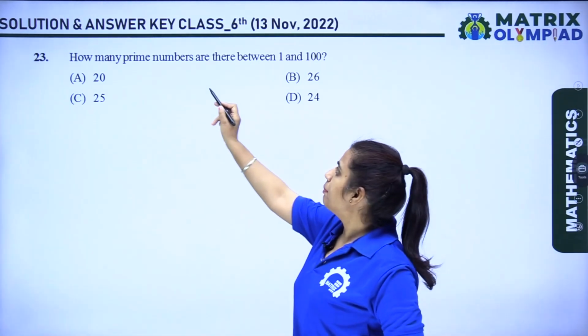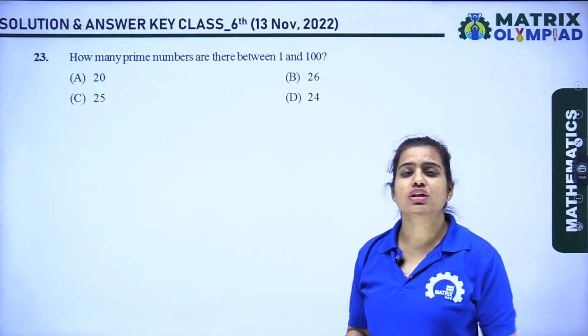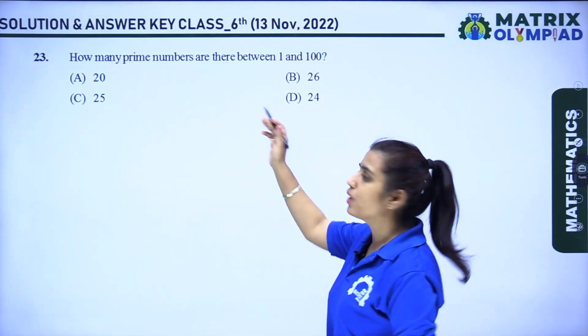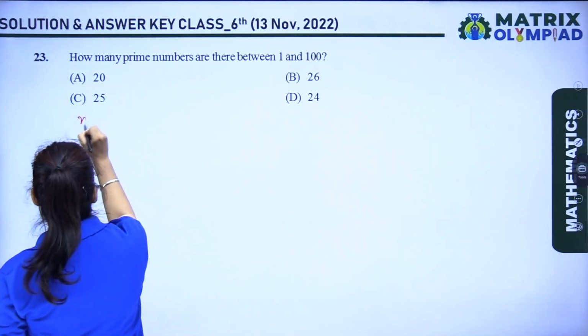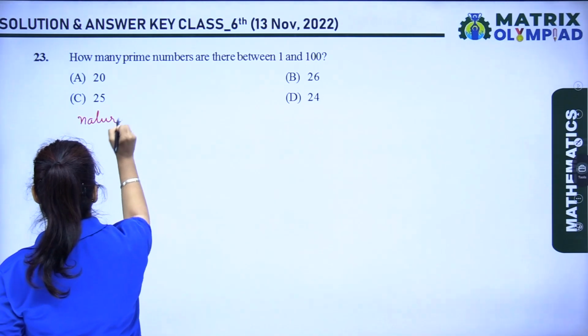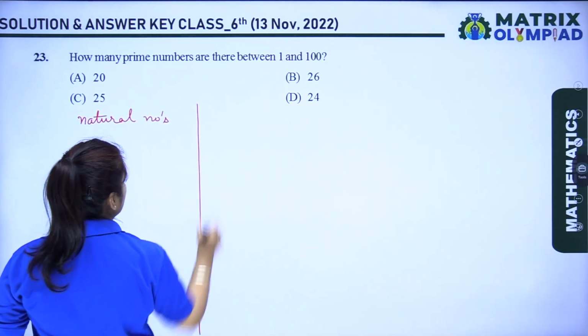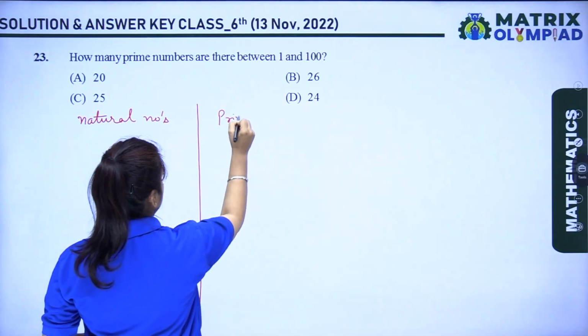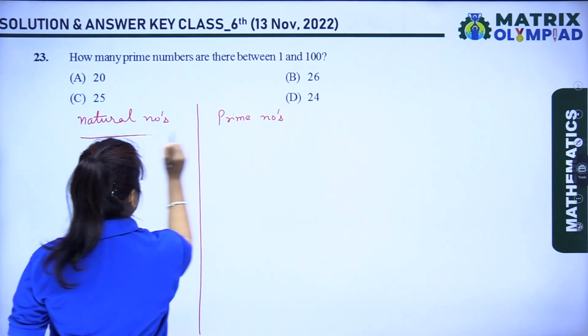How many prime numbers are there between 1 and 100? We have to find out all the prime numbers that come in between 1 and 100. Let's write down all the prime numbers. Here come the natural numbers, and here we will write down the prime numbers that come in between.